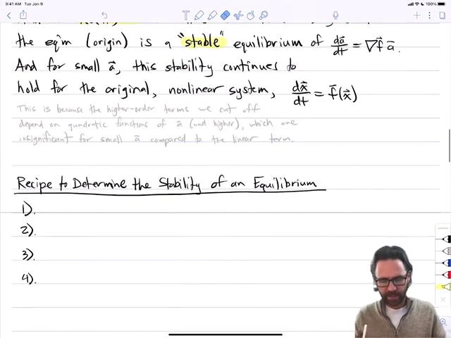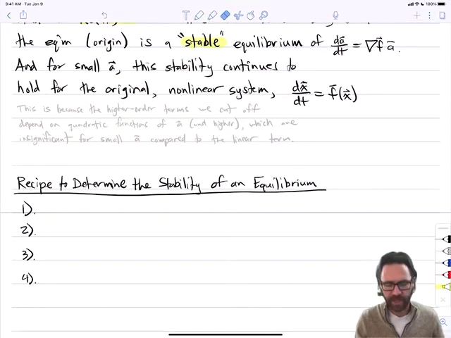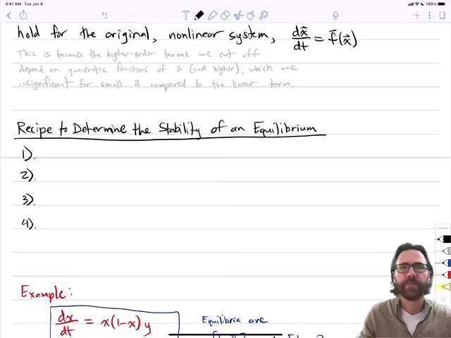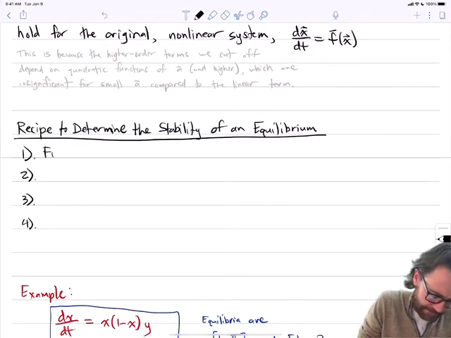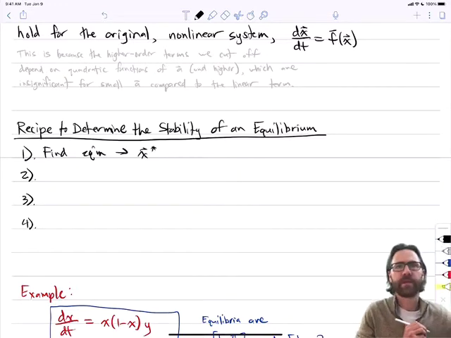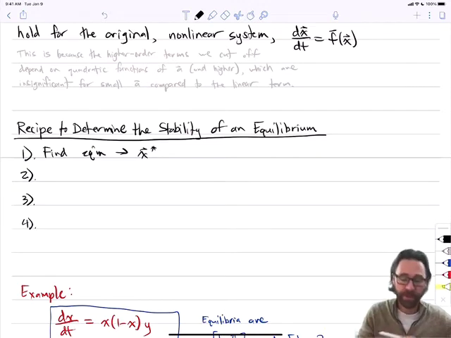Okay, so here's the recipe for linear stability analysis. First thing you do is you find an equilibrium, because this is specific to an equilibrium. Find equilibrium, and we'll call it x star. So we compute the Jacobian of f around that equilibrium.